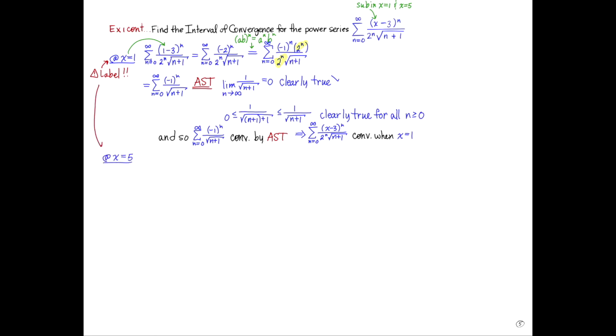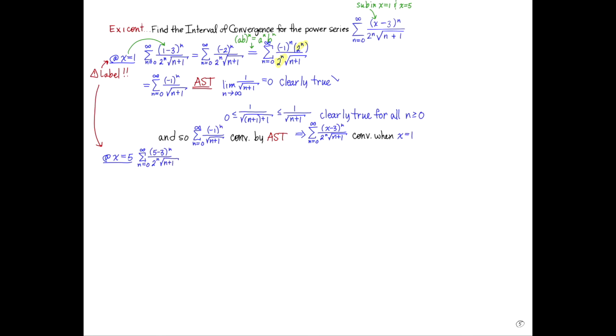remembering to label here as well, we have the sum from n equals 0 to infinity. Subbing 5 in for x, we have 5 minus 3 raised to the n over 2 to the n times the square root of n plus 1.